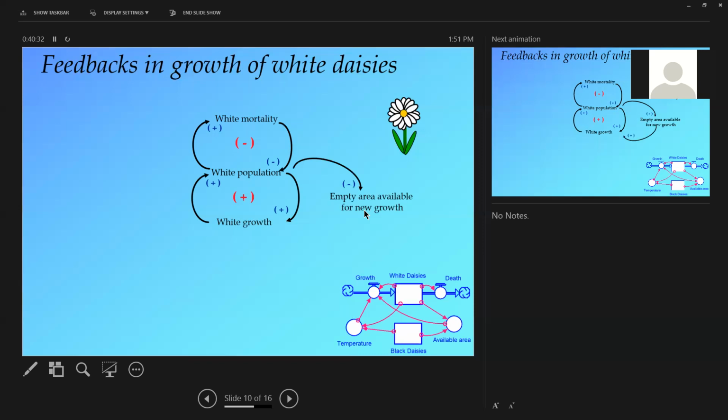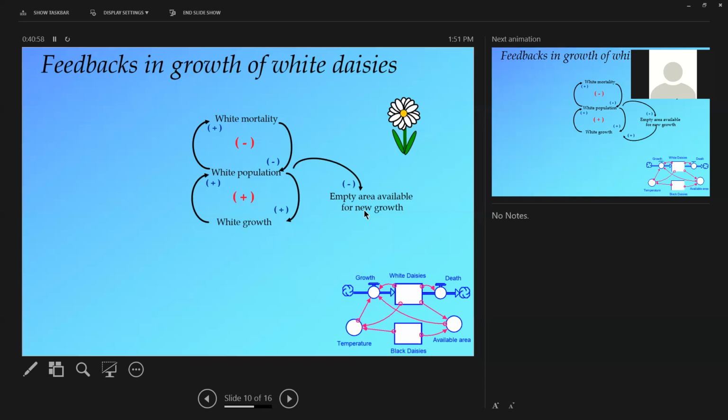Now, there's also an issue of space in this model. So the more white daisies there are, the less available area there is to grow. And so as they grow, they're taking up space. And how's that likely to affect their growth rate? Before I put more on here, what kind of a feedback is that likely to be, that the more daisies there are, the less room there is for daisies to grow?